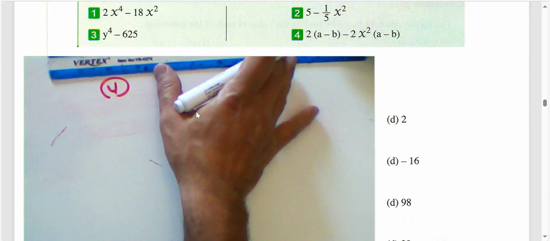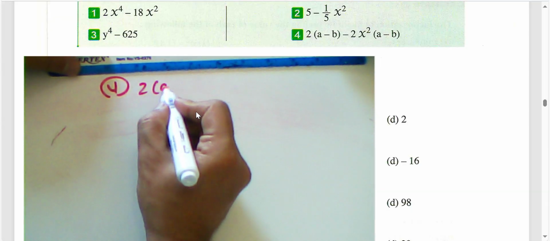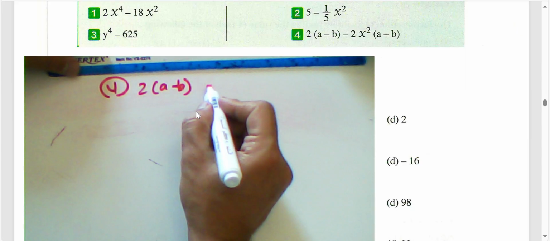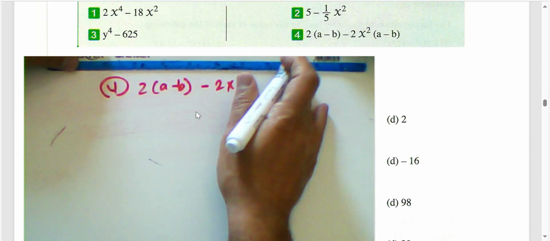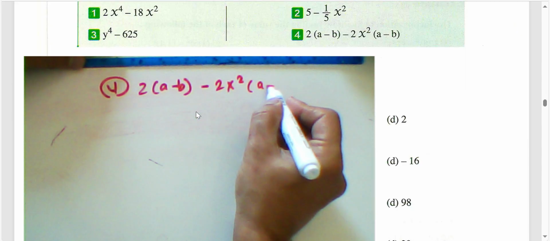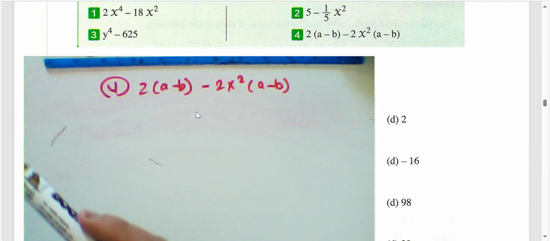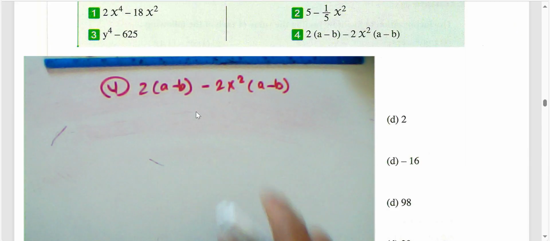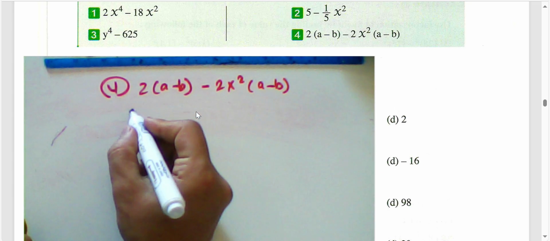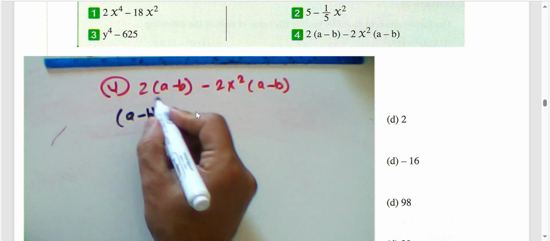We have 2 product by a minus b, subtract 2x power 2 product by a minus b. We can find the highest common factor between the two terms. We have this bracket repeating, so a minus b is a common factor.